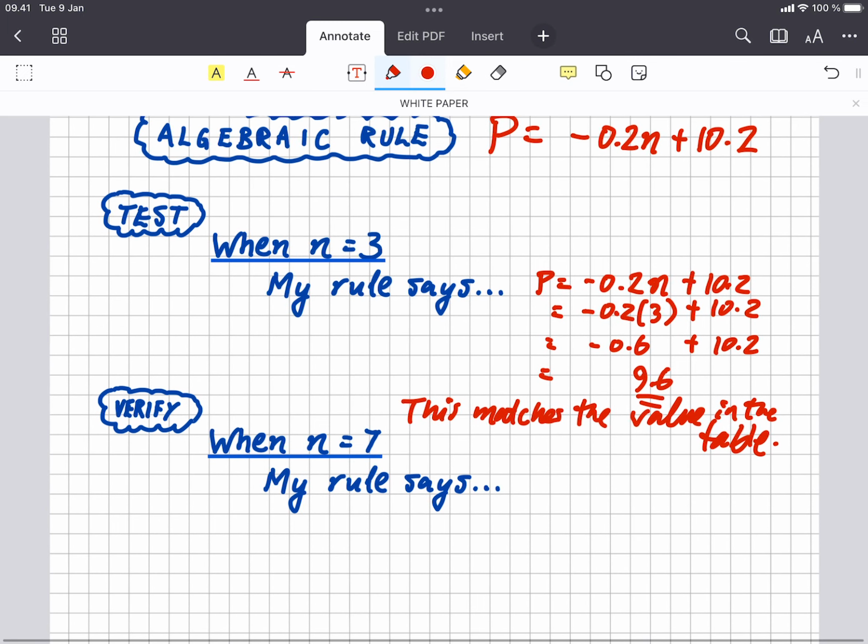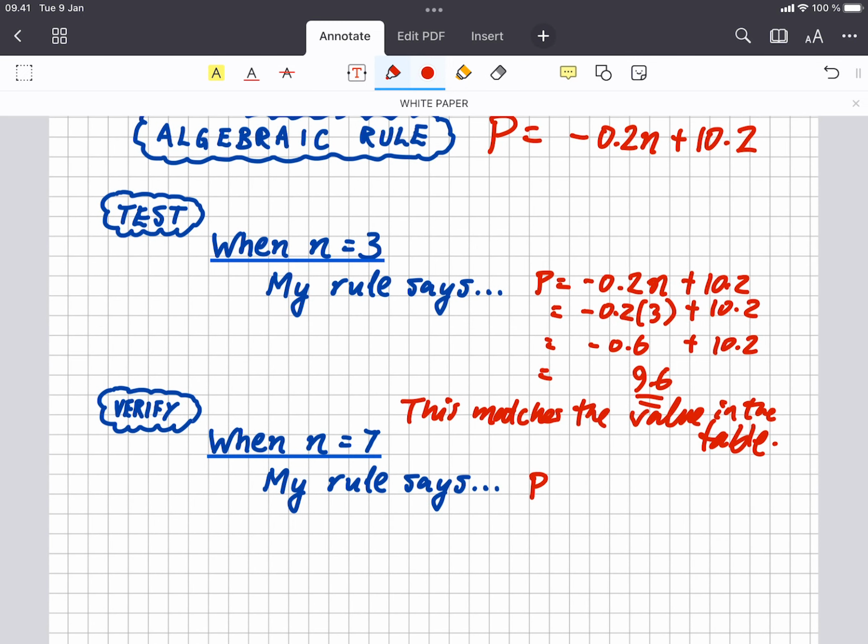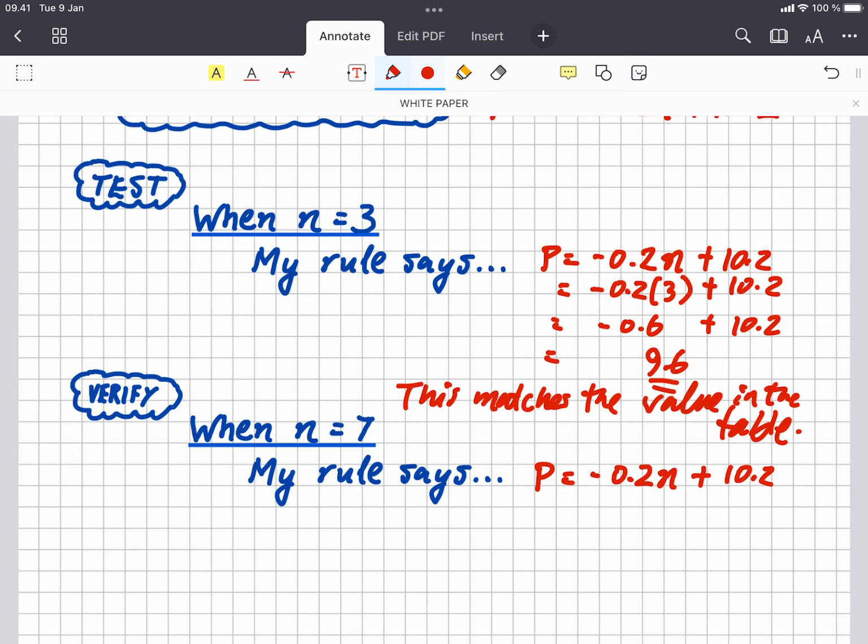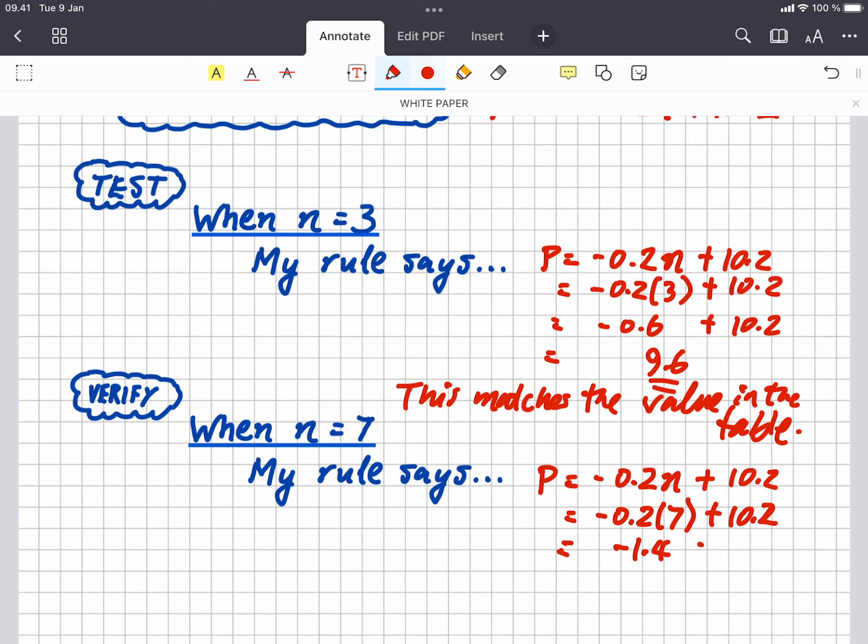So when n equals 7, my rule says p equals minus 0.2n plus 10.2. So that's minus 0.2 times 7 plus 10.2, which is minus 1.4 plus 10.2, which is indeed 8.8.